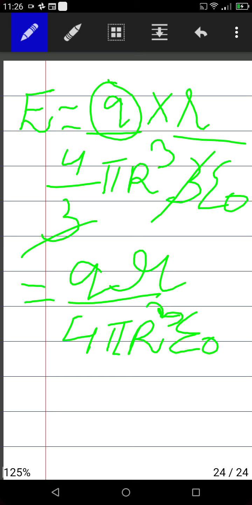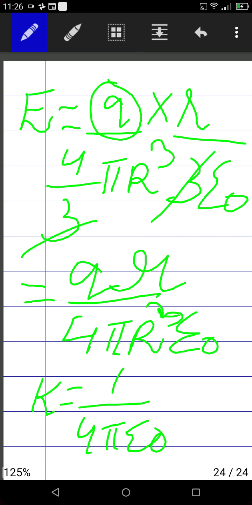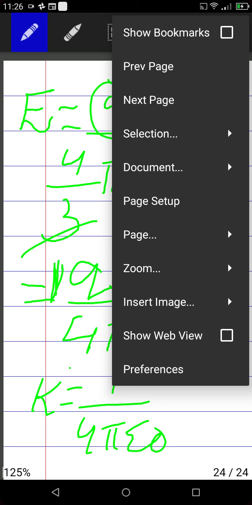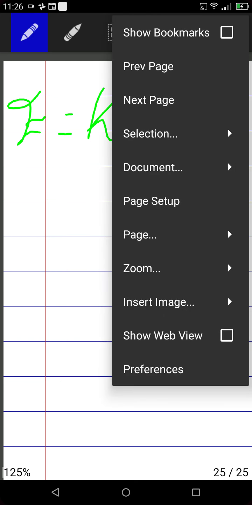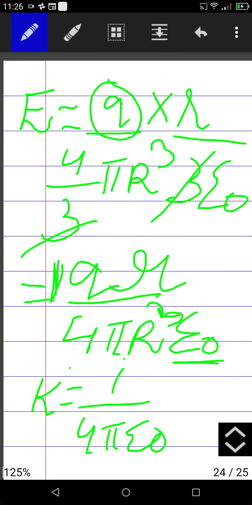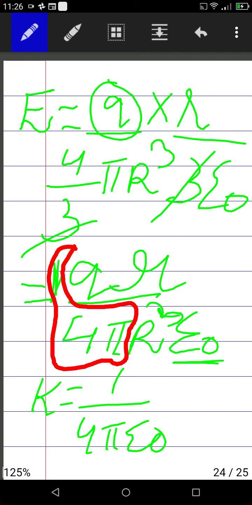So we know k is equal to 1 by 4 pi epsilon naught. So in place of this 1 by 4 pi epsilon naught, can we substitute k? Yes, E is equal to k. K means this whole part, 1 by 4 pi epsilon naught, is equal to k. What is left?